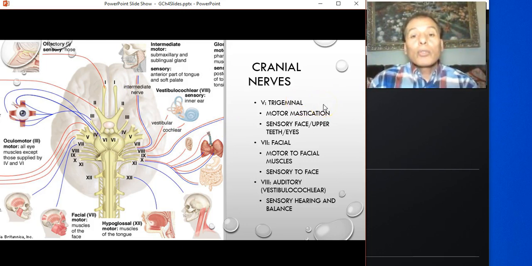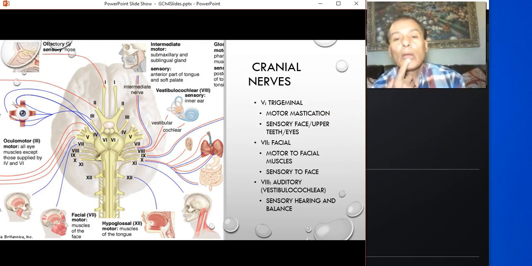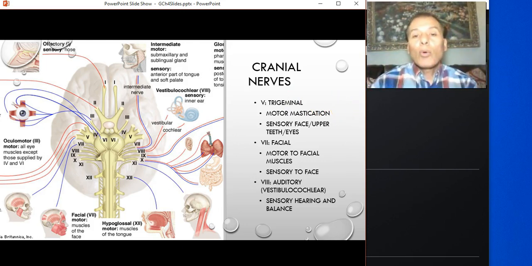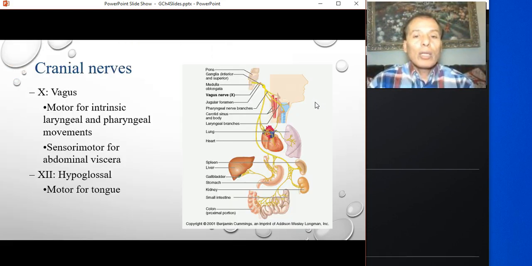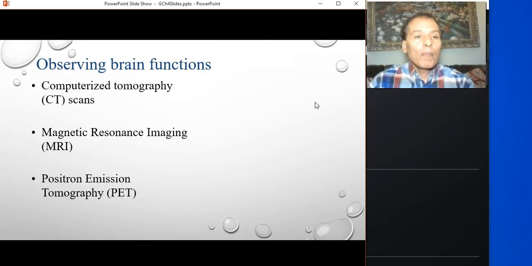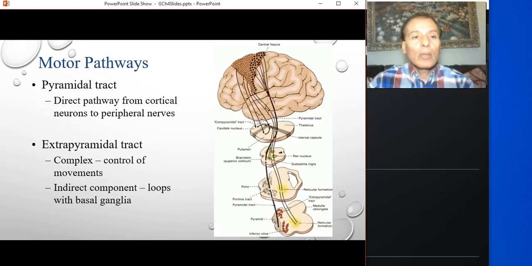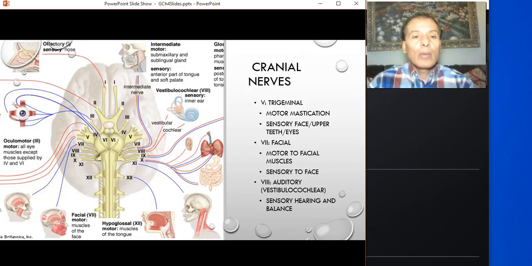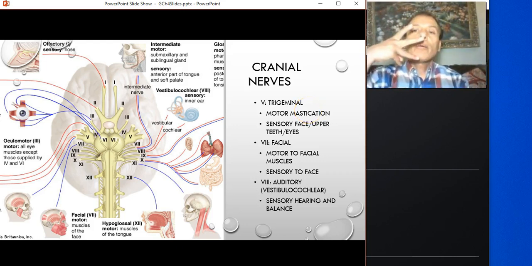So we'll give you just some kind of an overview. The ones, for example, that have to do with speech, for example, the trigeminal nerve. Tri means three.